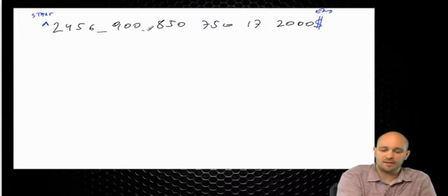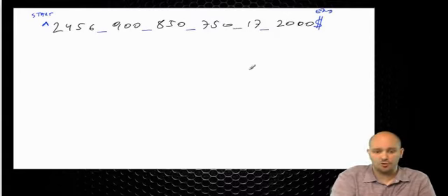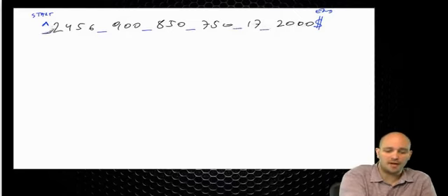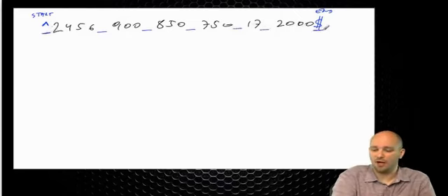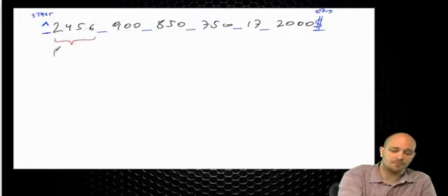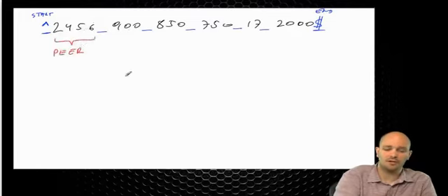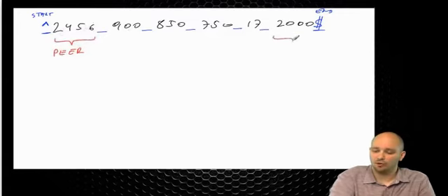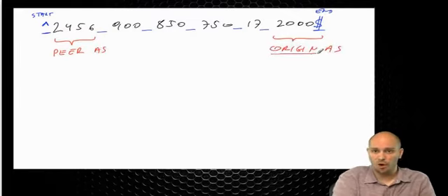All these empty spaces in between here can be identified with underscores, but underscore will actually match the caret and the dollar as well, just so you keep that in mind. But also, the important thing is that this autonomous system is something that we are going to be calling the peer AS. This autonomous system is something that we will be calling the origin AS. So, important thing not to mix this up with the origin code.